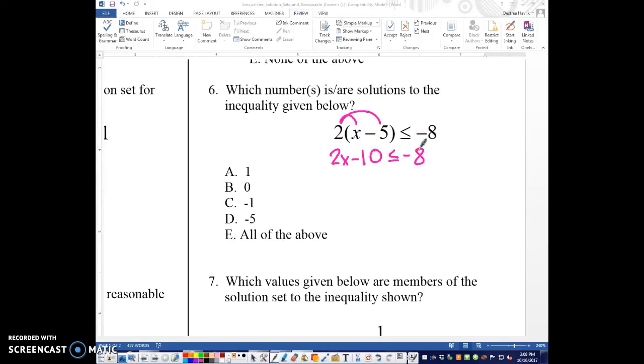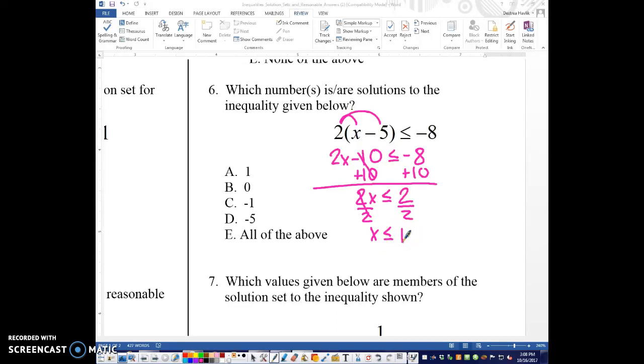What's our next step here? Add 10. So we have 2x is less than or equal to, what's negative 8 plus 10? Negative 8 plus 10 is 2. What's our next step? To get x by itself, divide by 2. So we have x is less than or equal to 1.